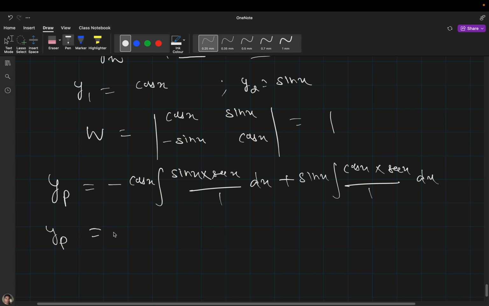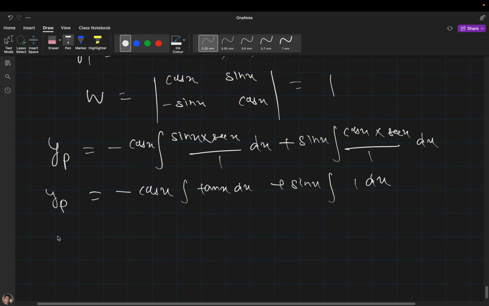So yp will be minus cos x times the integral of tan x, plus sin x times the integral of 1. You already know that the integral of tan x is nothing but ln sec x, or you can say minus ln cos x.